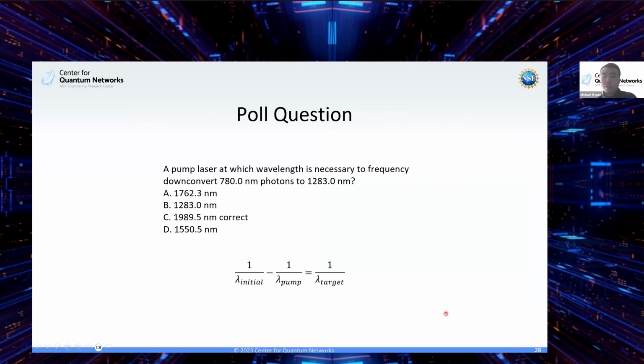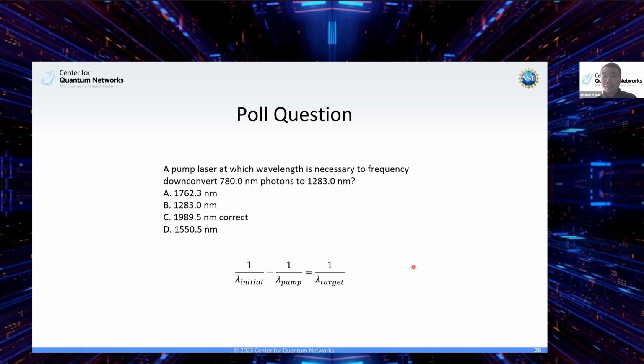So another poll question here. We want to find a pump laser that takes us from 780 nanometers to 1283 nanometers.